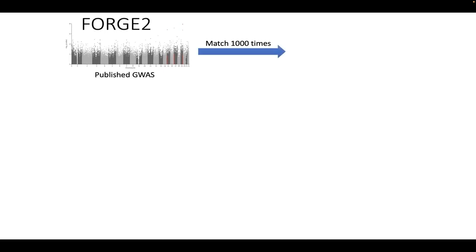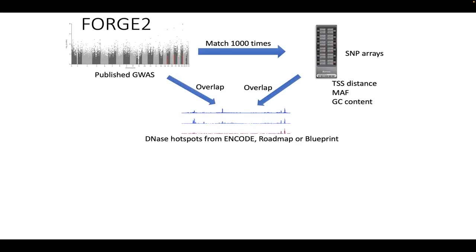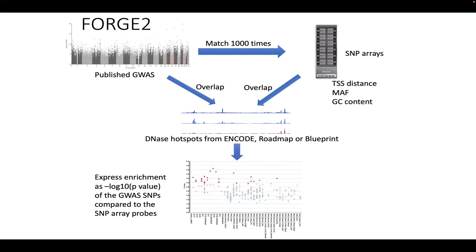So I'm going to briefly outline the statistics of FORGE2. FORGE2 takes data from published GWAS, and it uses SNP array information to create a matched background. So transcription start site, minor allele frequency, and GC content are effectively used in the model to adjust for SNP bias.